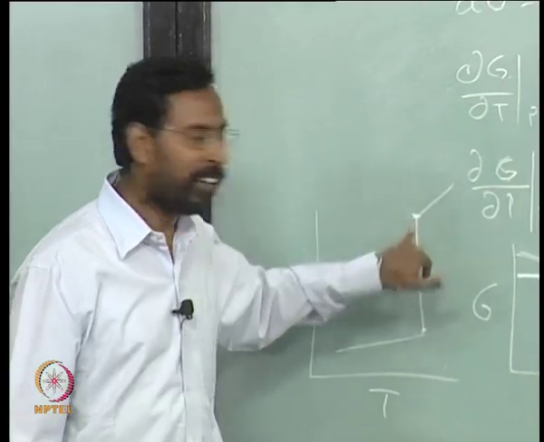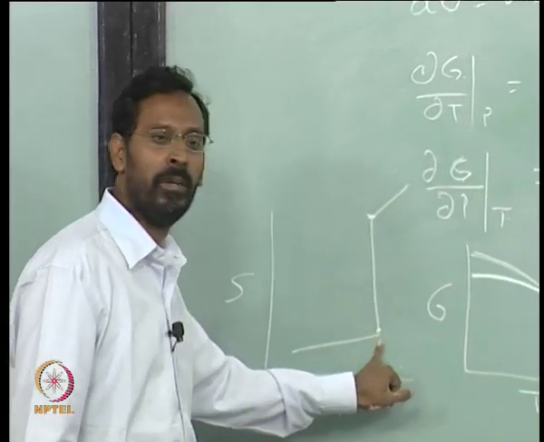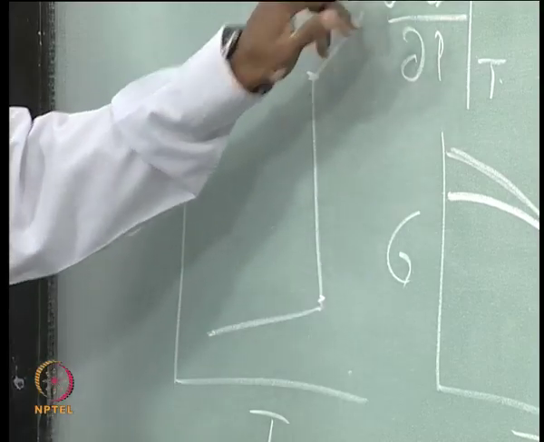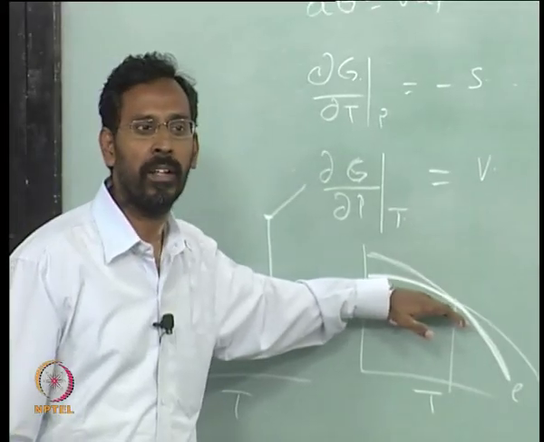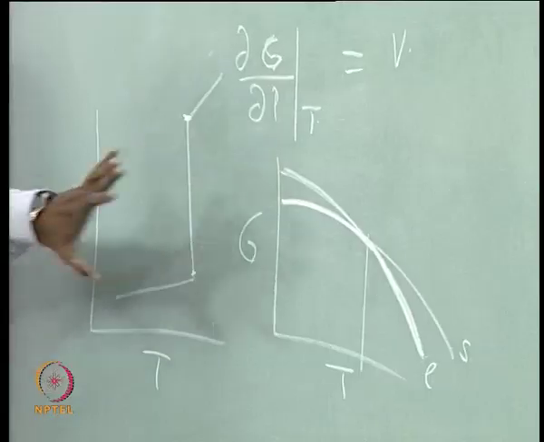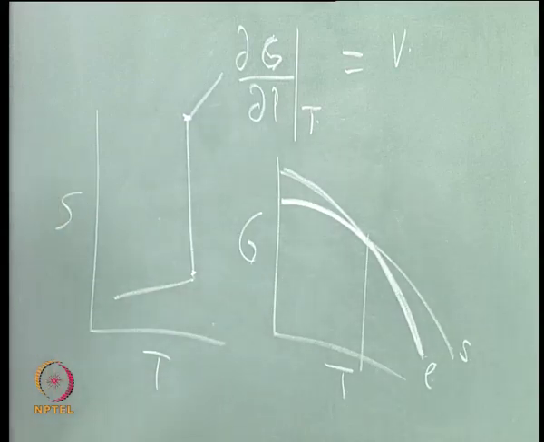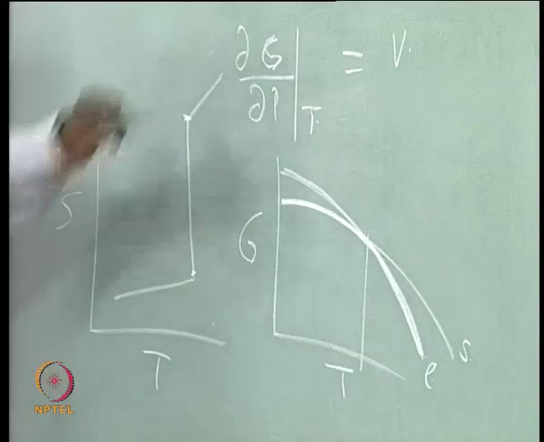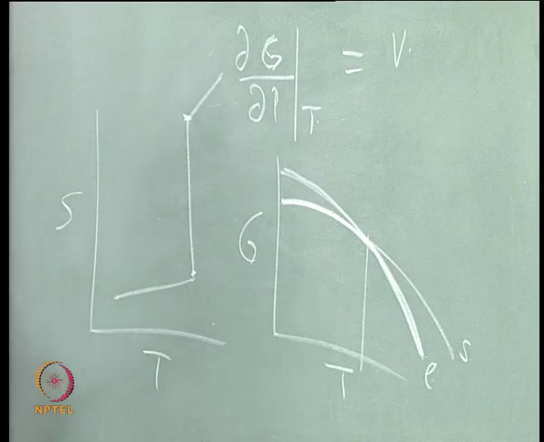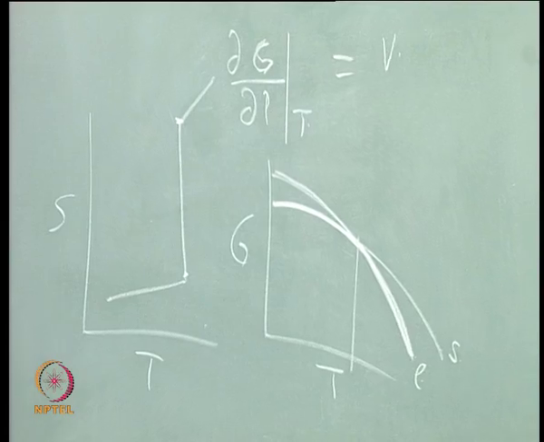entropy. That is the reason why you will see at the transformation temperature there is a step, because there is a slope change here. The step that you see here is because of that slope change. So you can see the free energy itself is continuous at the transformation temperature, but the first differential of the free energy is discontinuous.